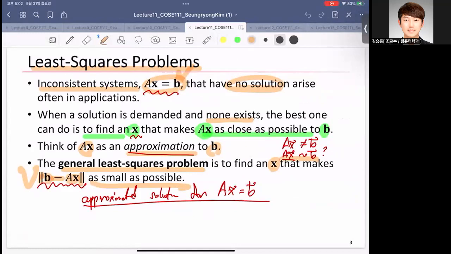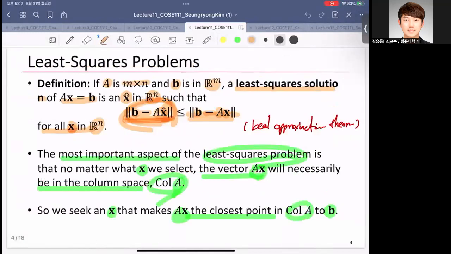So how do we find the approximate solution? To answer this question, we have to know the definition of the least square solution, which looks like this. After that, we have to find x hat that satisfies this inequality.